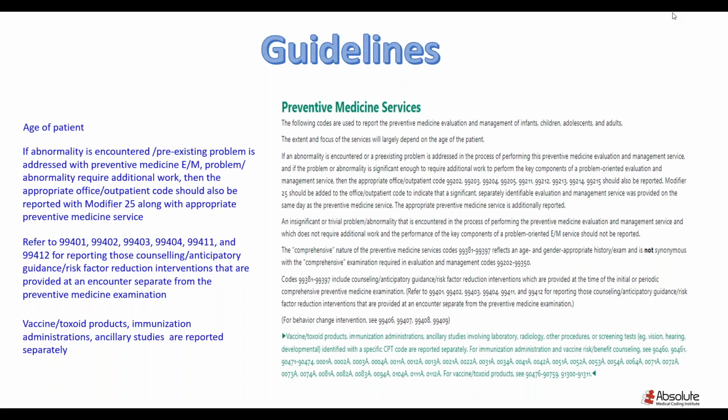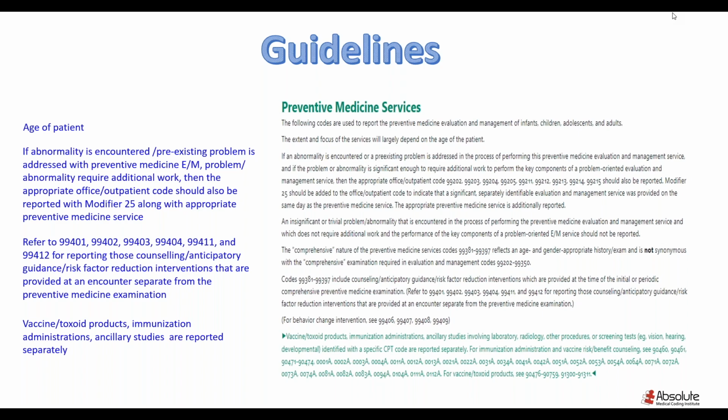If any abnormality is encountered or a pre-existing problem is addressed with the preventive medicine evaluation and management, and the problem or the abnormality requires an additional workup, then appropriate office or outpatient codes should also be reported with modifier 25 along with appropriate preventive medicine services.